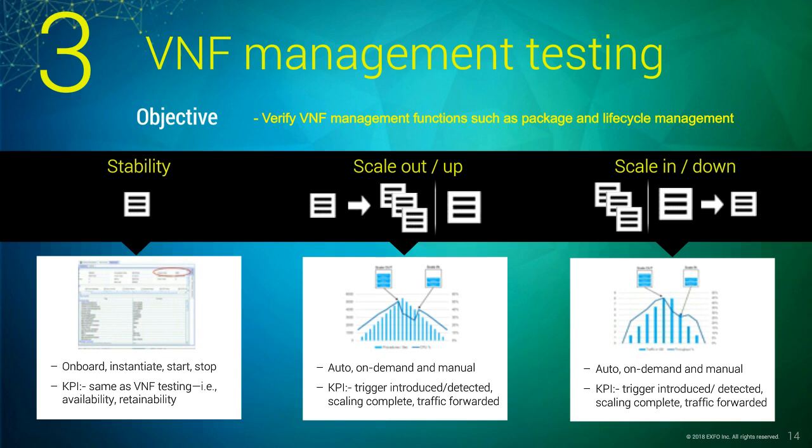So you can scale triggered by the VNF via the VNF manager. That's basically called on-demand scaling. And you can also scale manually from the NOC, or nowadays SOC, operations or operators from OSS and BSS. So different types of scaling can happen in your network.